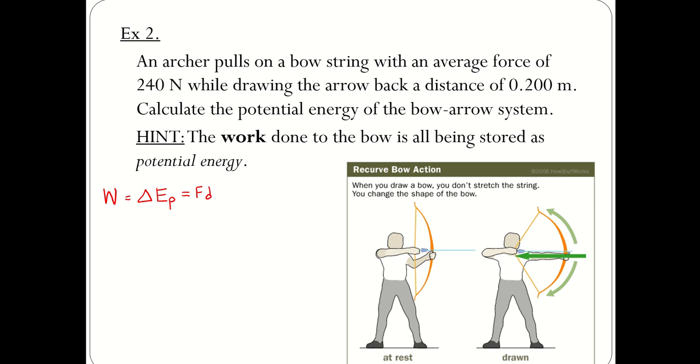In this case, we can do it in two ways. You can do final minus initial, because remember, delta means final minus initial. So what you can do is split this into multiple steps.